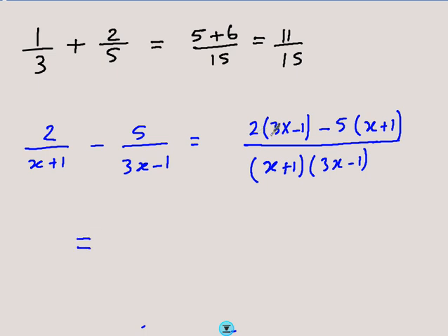This is 6x minus 5x, so you're left with x, minus 2 minus 5 is minus 7, divided by x plus 1 times 3x minus 1.